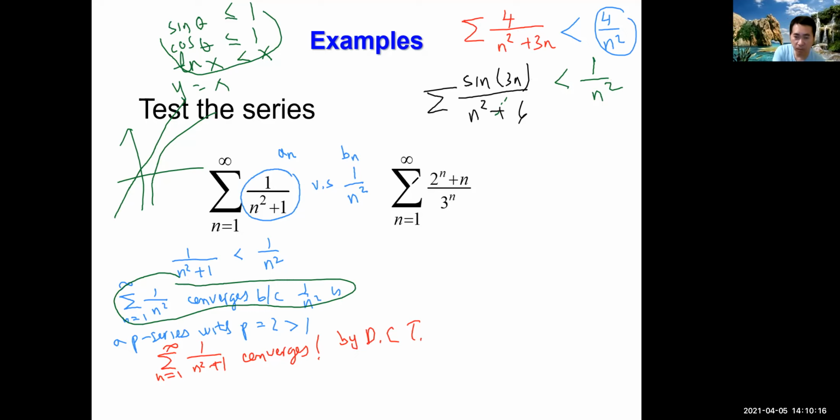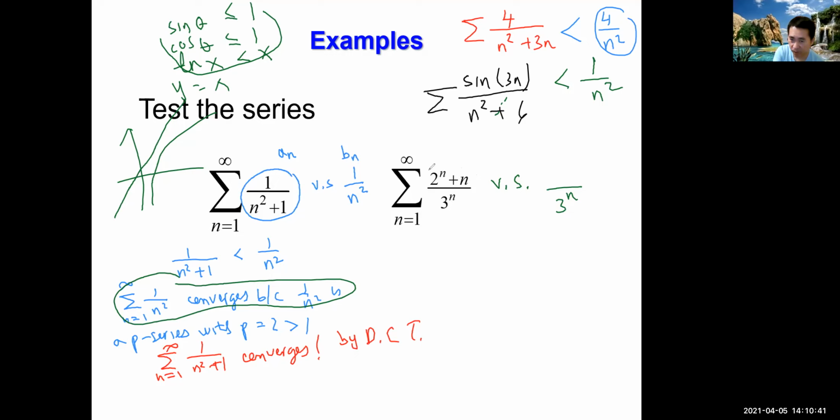Now, if you look at the example here, that one's a bit tricky. If we're going to come up with something to compare, and like I told you, this is really a fraction, so this denominator stays the same. Now the numerator, I have two terms. Which term is more dominant?